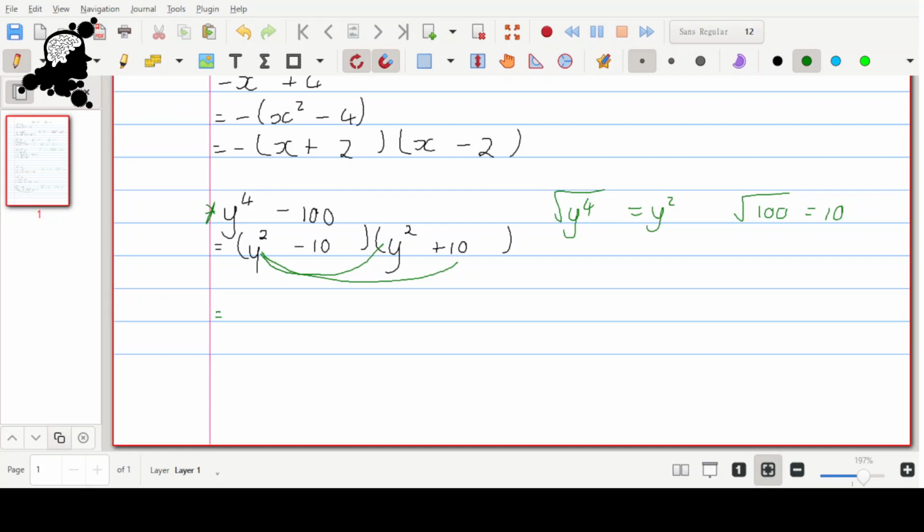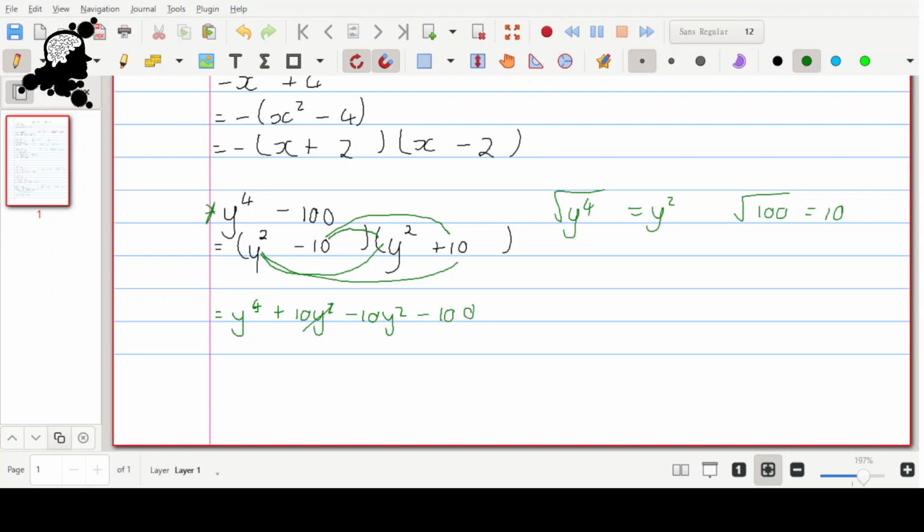So initially we said y to the power 2 times y to the power 2 gives us y to the power 4. Y to the power 2 times positive 10 gives us a positive 10 y to the power 2. Negative 10 times y squared is going to give us negative 10 y squared. Then negative 10 times negative 10, this is going to give us negative 100.